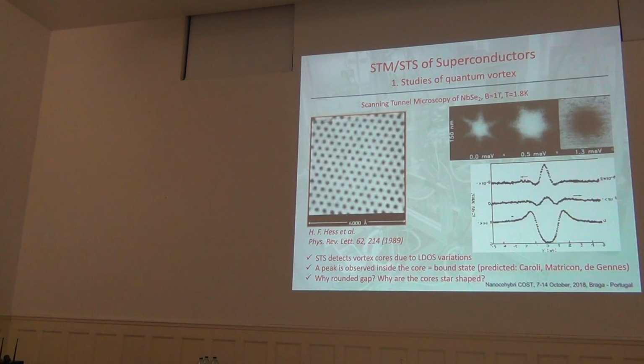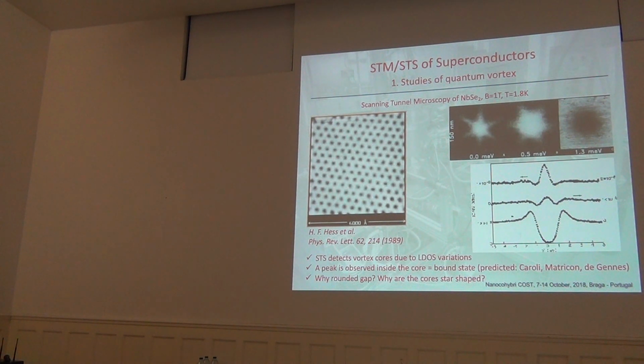And using this contrast between gap and no gap, Hess was the first to show that the vortex lattice is resolved with STM. The black holes are the positions at which the superconducting gap in the tunneling density disappeared. So it is a completely artificial image. Nothing happened in reality on the surface. You just measure the local density of states.